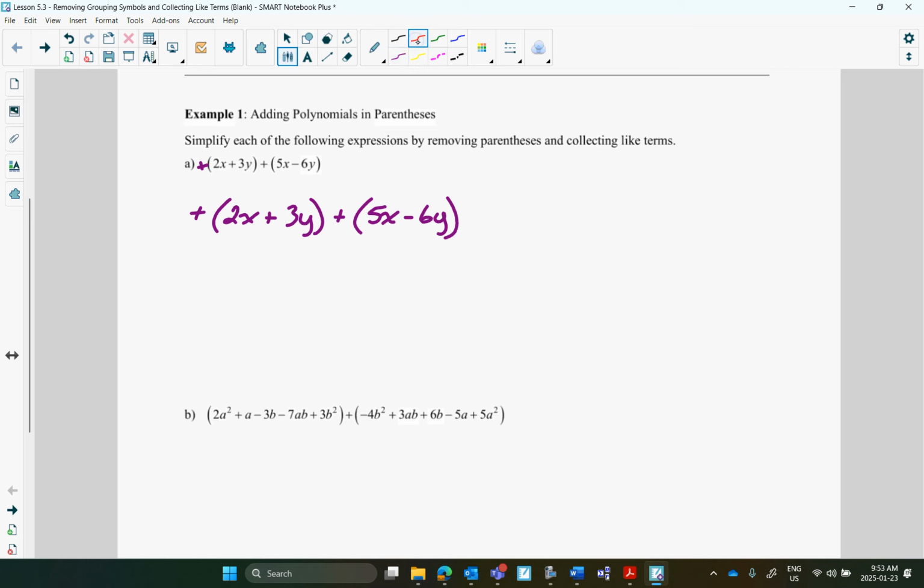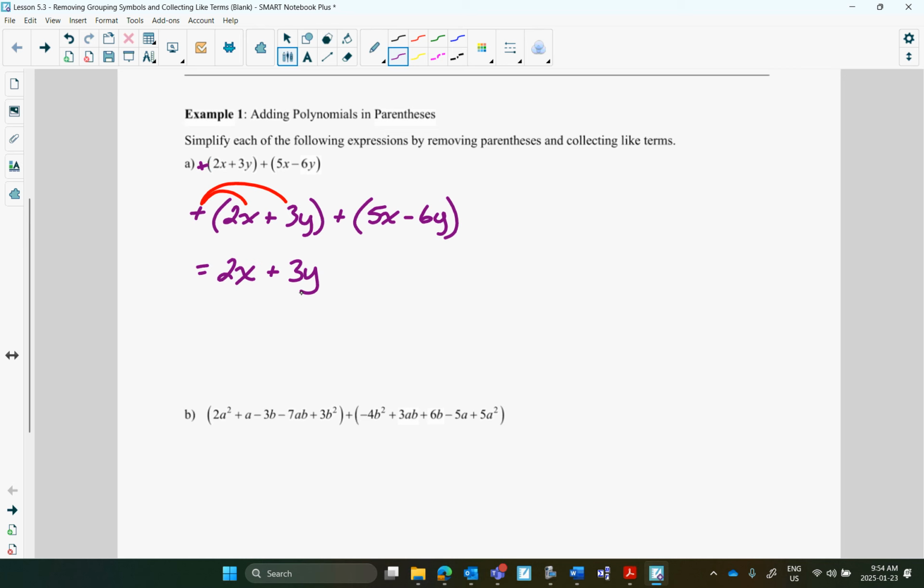The addition sign has to apply to everything, every term inside the parentheses. So I need to add 2x and add plus 3y, which is the same thing, isn't it? Plus 2x is just 2x. Add plus 3y is just the same as that. When we've got two pluses, it's a plus. But I can take the parentheses out because I applied the plus to everything inside.